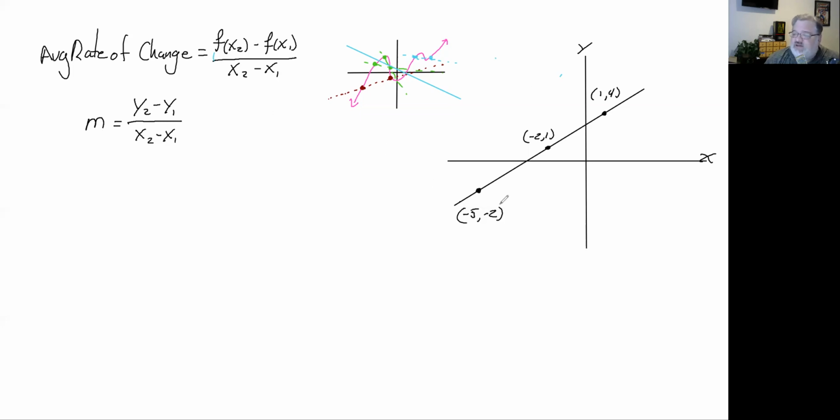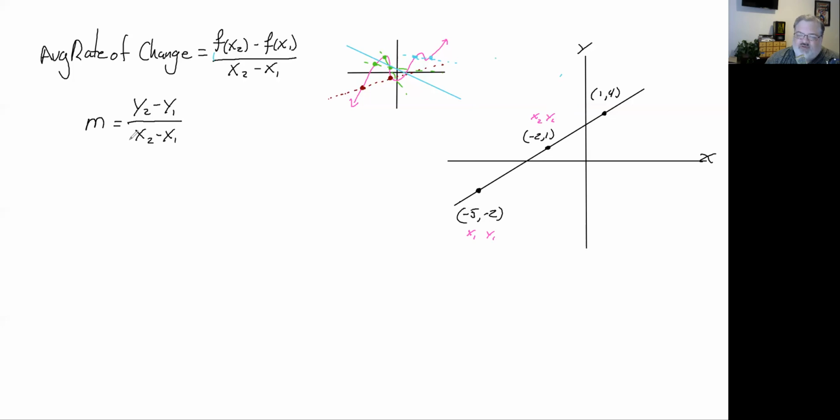So if we did this and picked any of these for x1 or y1, let's label these. Let's say this was (x1, y1), and we let this be (x2, y2). It is handy, by the way, to label these if you're doing them. It just helps you keep the numbers straight. It's a good habit.